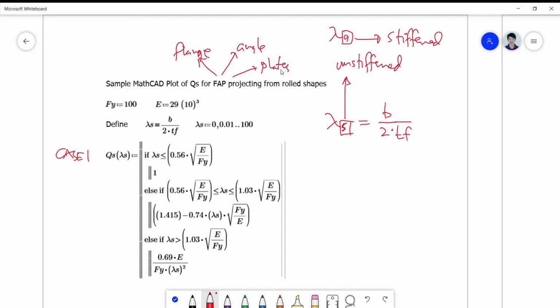So any flange, angle, and plates that project from a rolled shape section is considered in this particular definition.